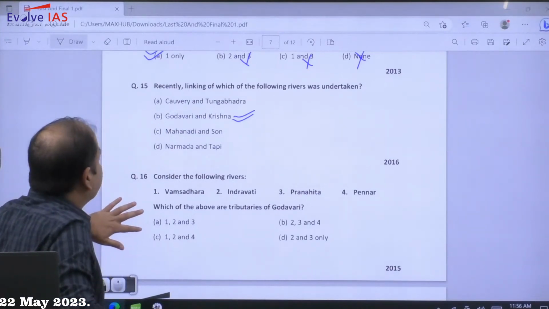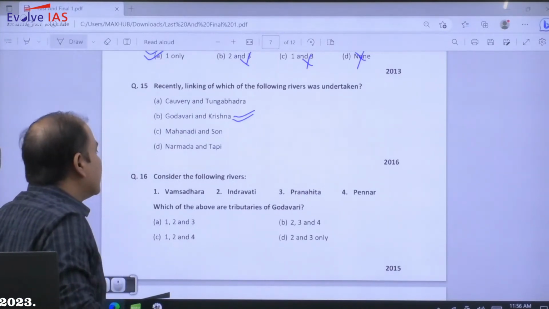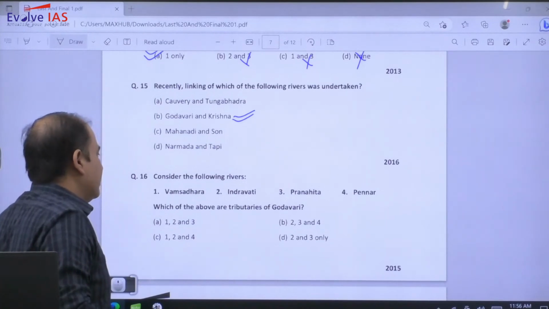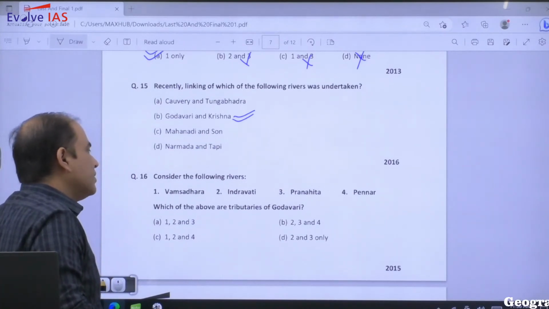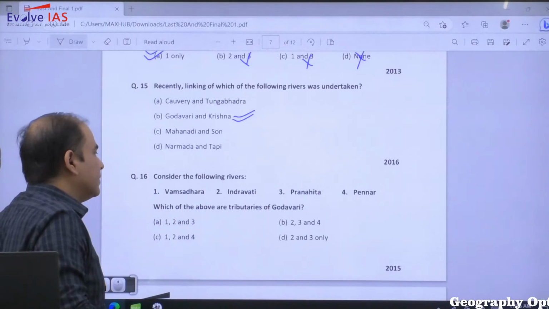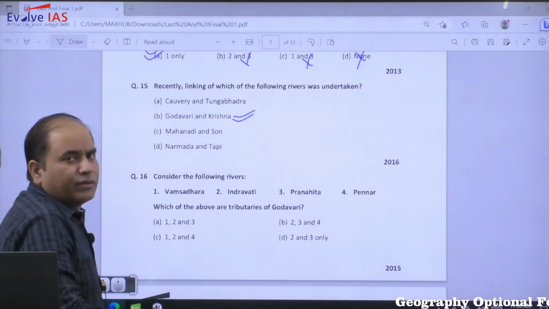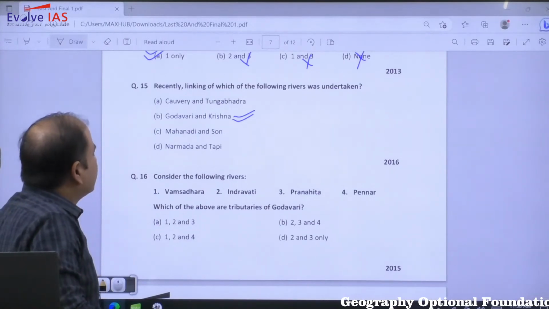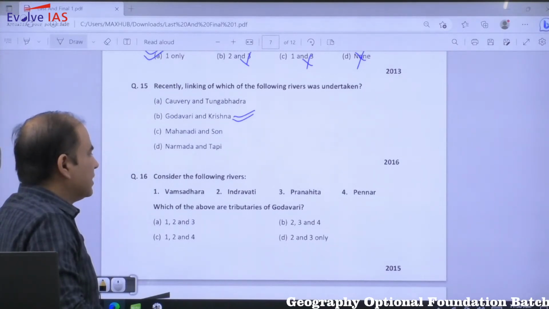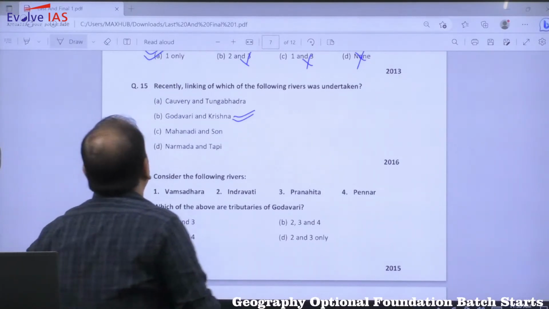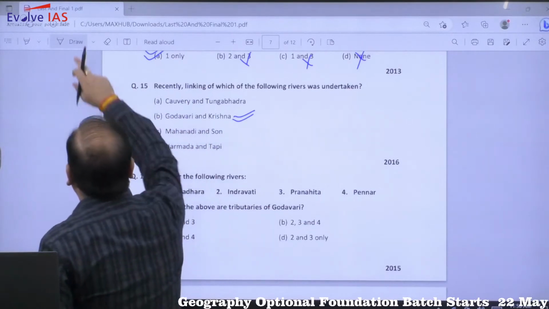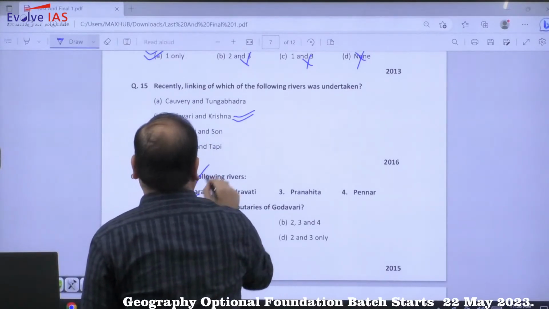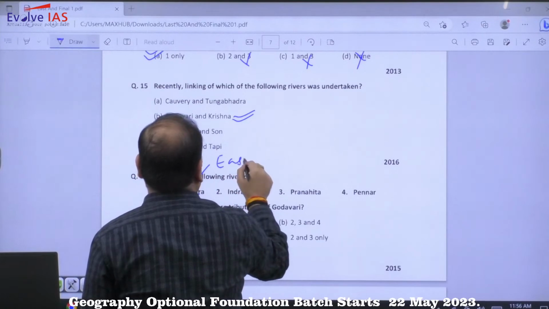It is also associated with the river. Consider the following rivers. So, very easy question. Which of the following are the tributaries of Godavari? So Vansdhara river is originating from the eastern Ghats, so obviously it is not a tributary.